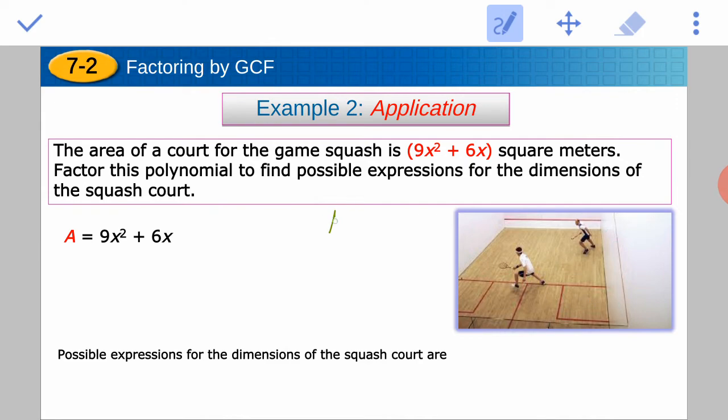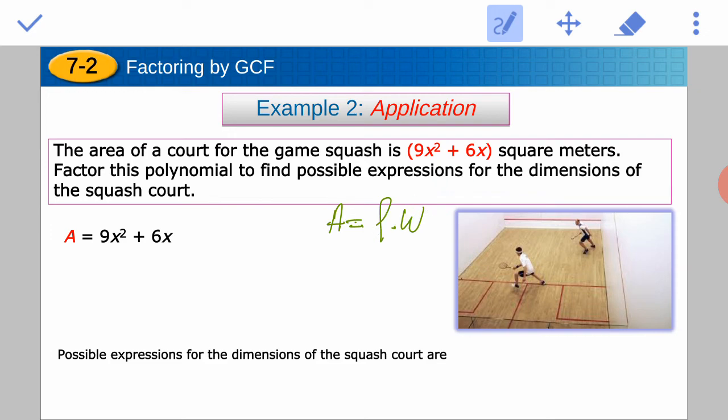So the area of a rectangle is equal to length times width. We call length and width the two dimensions of the squash court. What do we need? Factor this polynomial, the area, to find the possible expressions for the dimensions. We need the possible dimensions, length and width.